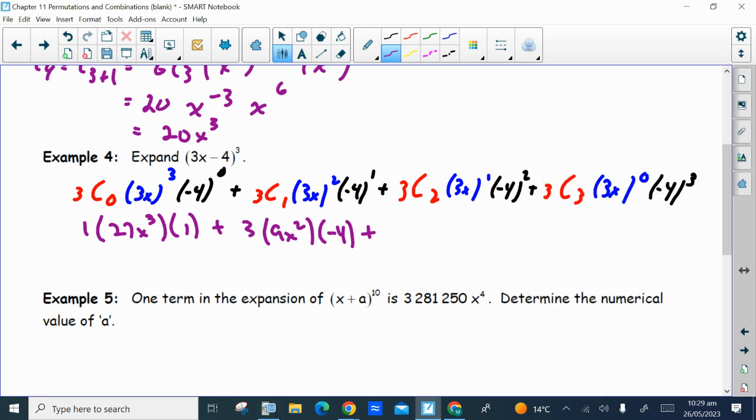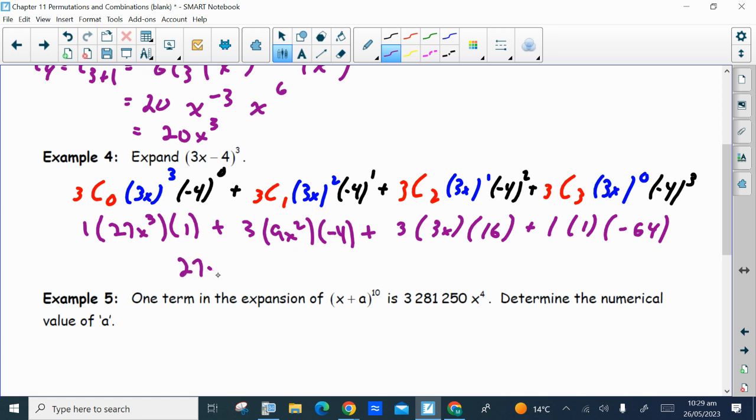No, it's 3 as well, sorry. So that's 3 times 3x to the 1 times negative 4 all squared, which is positive 16, and 3c3 is 1. 3x to the 0 is 1. Negative 4 all cubed is negative 64.